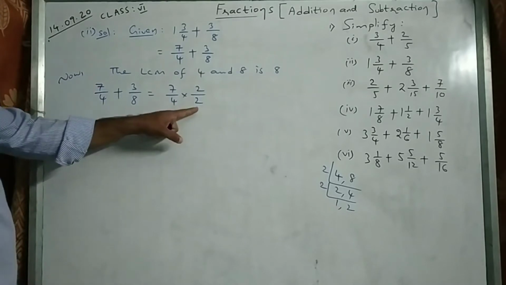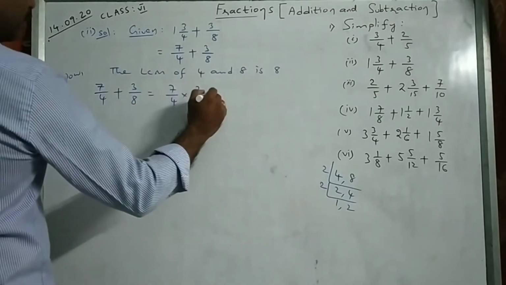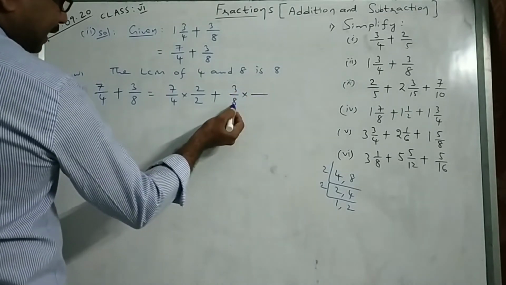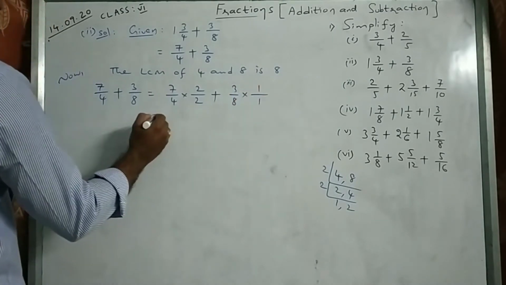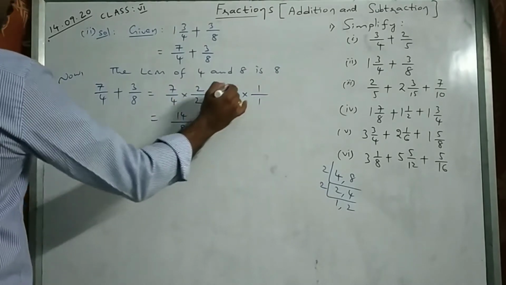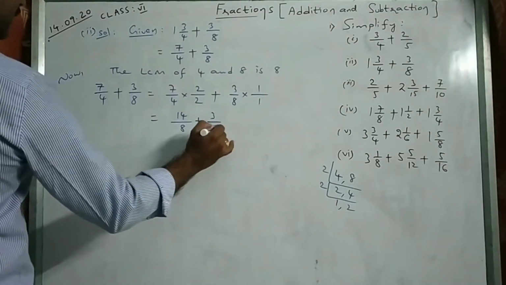If you write 2 here, numerator also 2 plus 3 by 8 into, it's already 8, so we do 1 by 1. 7 2s are 14, 4 2s are 8, 3 1s are 3, 8 1s are 8.